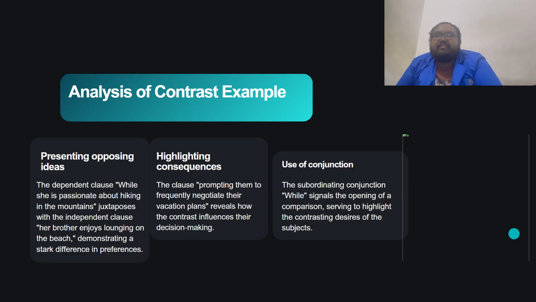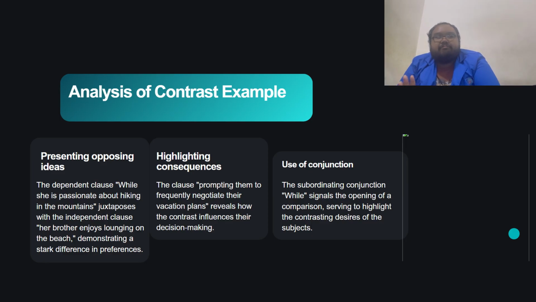Okay, analysis of contrast sample. Presenting opposing ideas, the dependent clause while she is passionate about hiking in the mountains, juxtaposed with the independent clause her brother enjoys lounging on the beach, demonstrates a stark difference in preference. Highlights consequence.